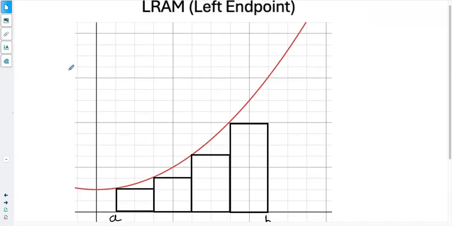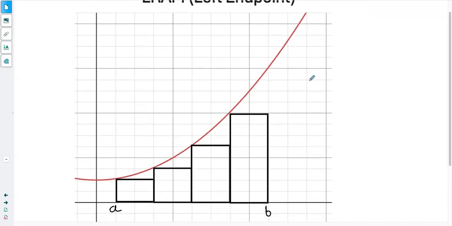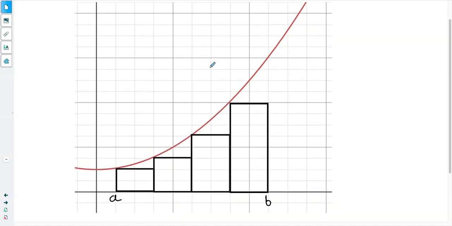So with this, we can see we have a curve here, and we're going over the interval from A to B. So at set changes in X between A and B, we are going up to our curve and drawing a horizontal line over to our next interval and doing the same thing over and over, creating a whole bunch of rectangles, which, as you can see, are based off of where the left side of our rectangle touches our curve, hence the name LRAM, or left endpoint.